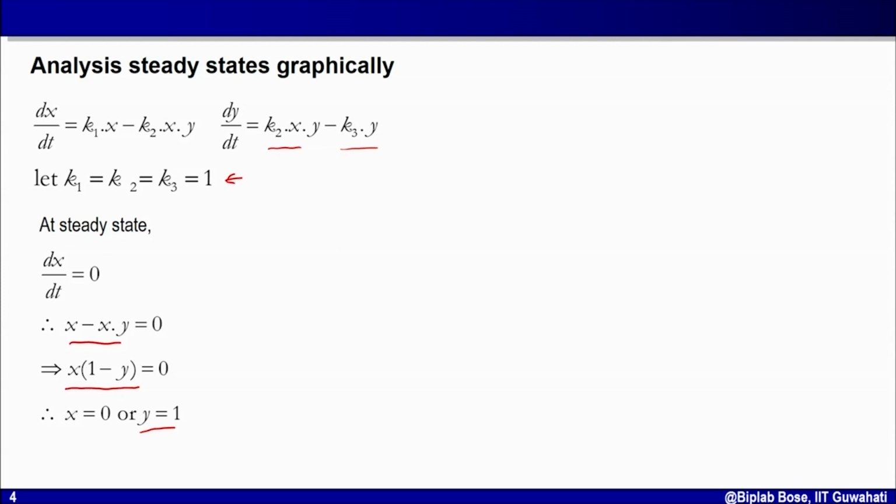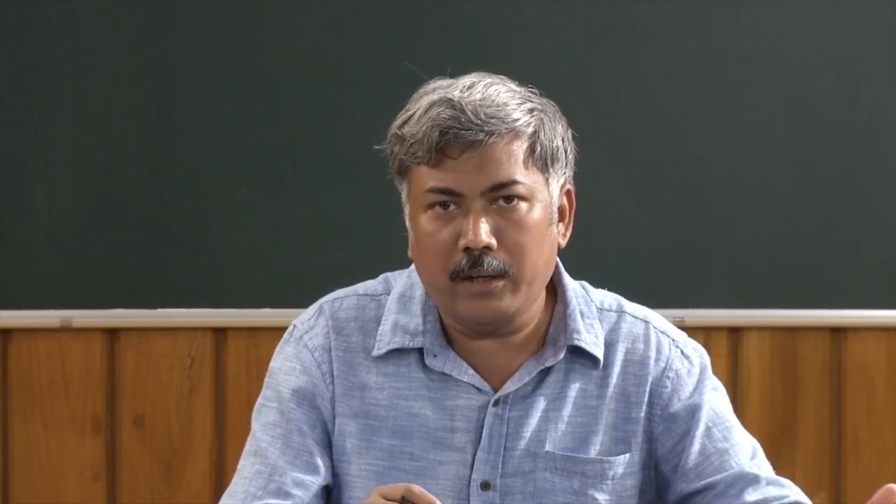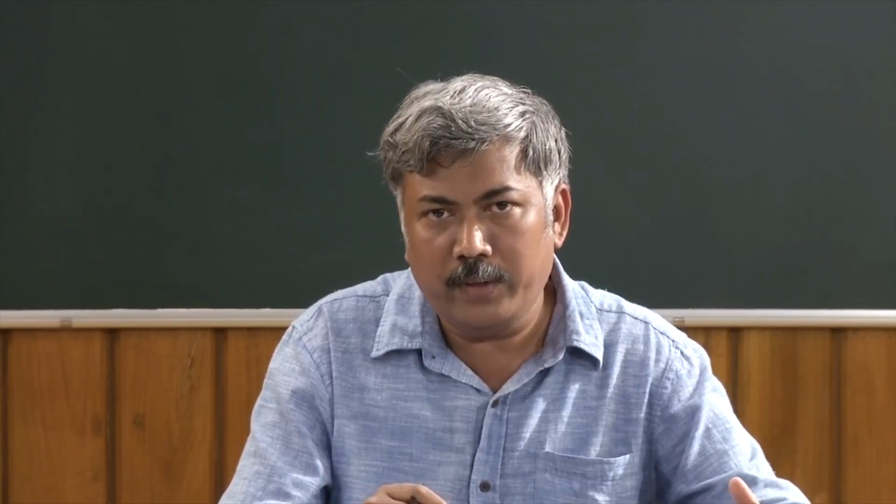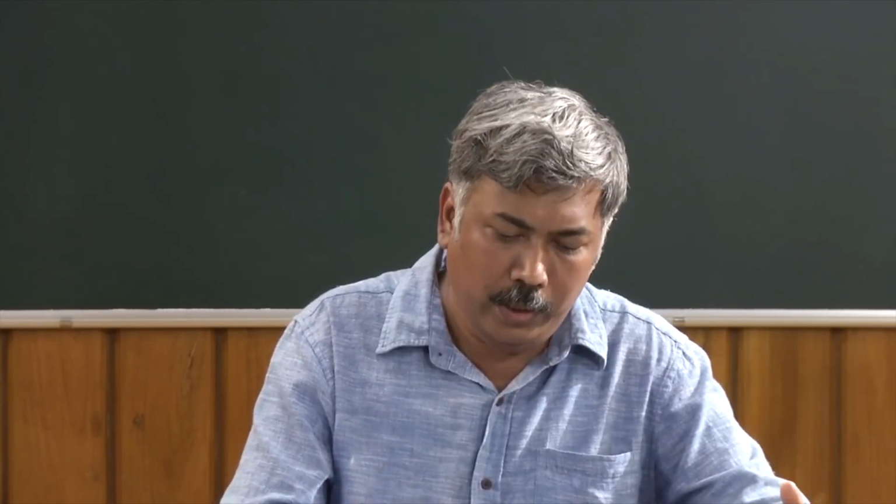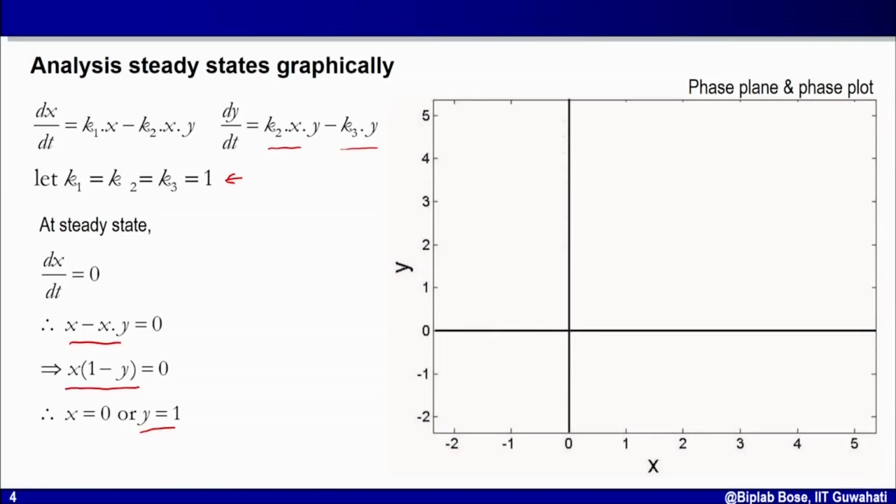Now I want to represent it graphically. How should I do it? Remember, in case of one variable, I can always plot the dependent variable versus the independent variable, the time. In this case, we will do something else. We will plot y and x, both the dependent variables, in this two-dimensional space.